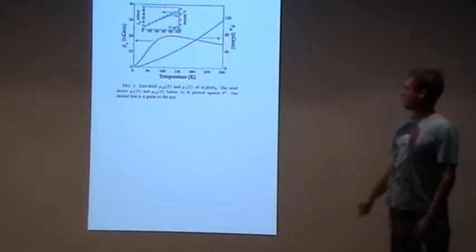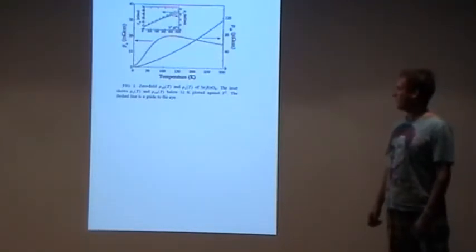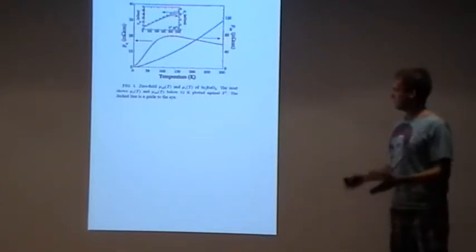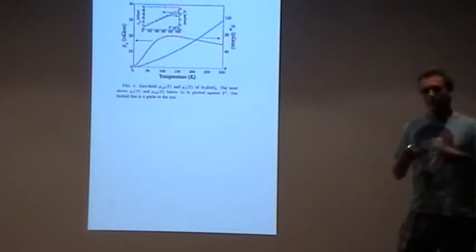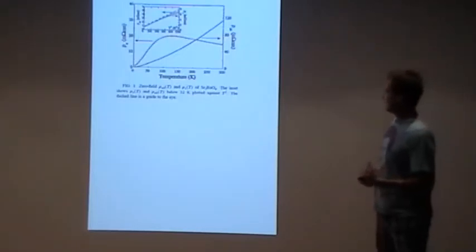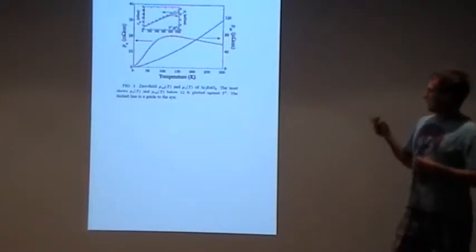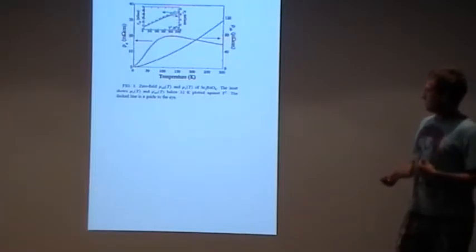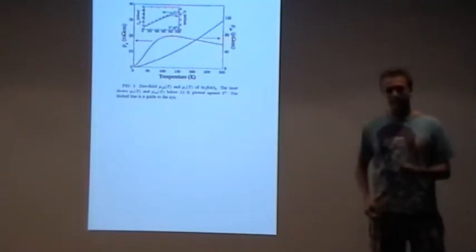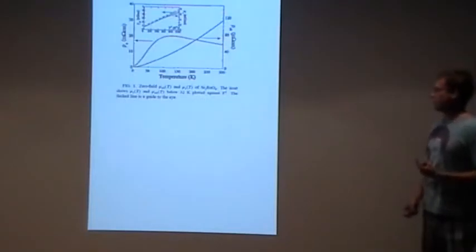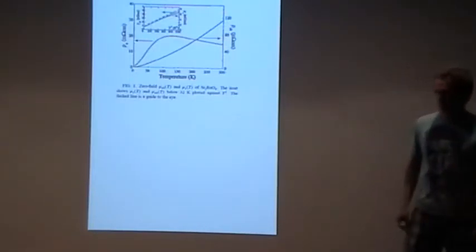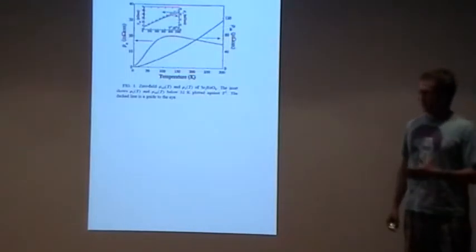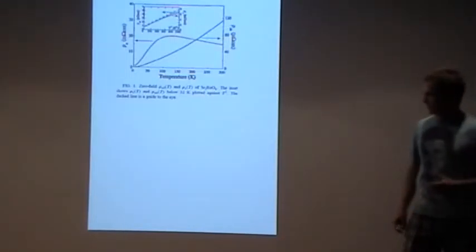And in the inset we see both resistivities plotted against T-squared below 20 Kelvin. I'm giving you a little more detail because I'm not sure you can all read the diagram too well. The inset shows that below 20 Kelvin both the in-plane and the c-axis resistivities are linear against T-squared, which is thought to show good Fermi liquid behaviour in all three dimensions.